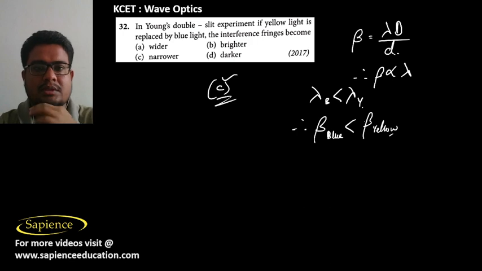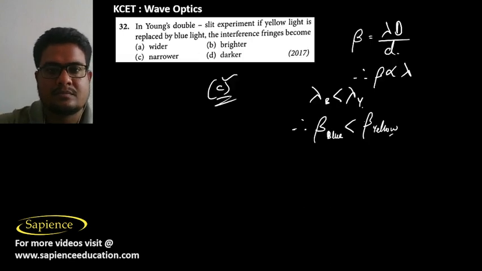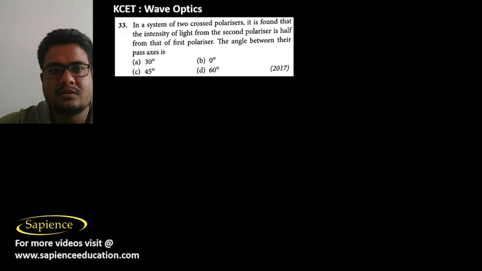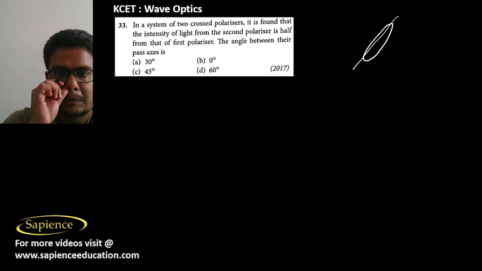So here it is told that in a system of two crossed polarizers, it is found that the intensity of light from the second polarizer is half that of the first polarizer.